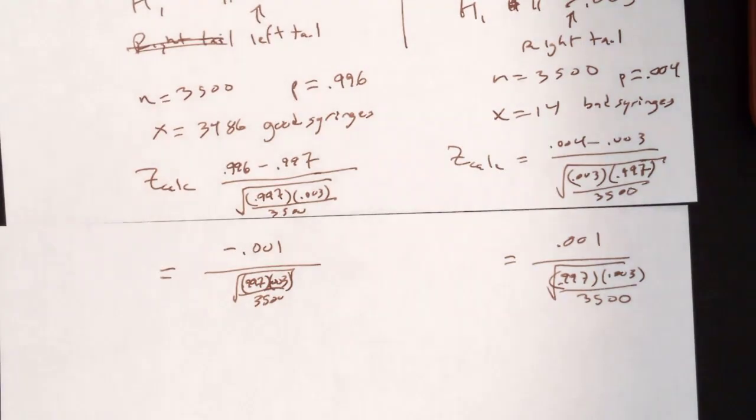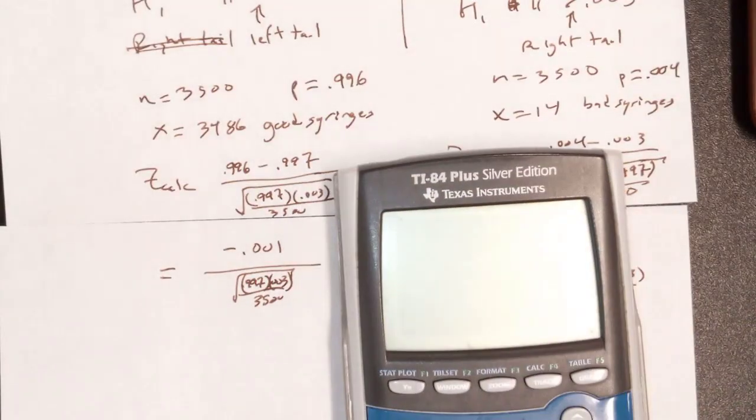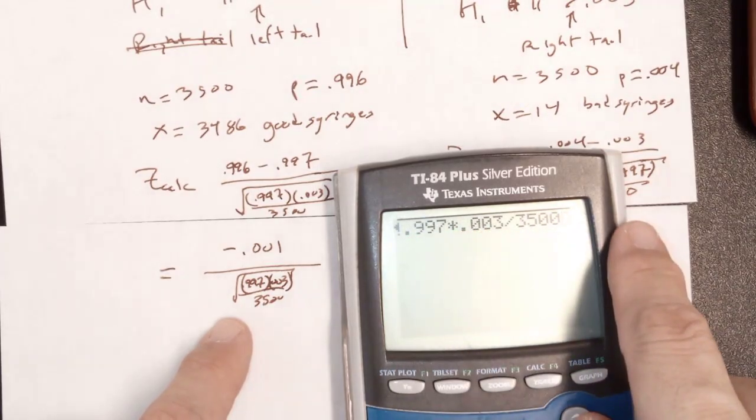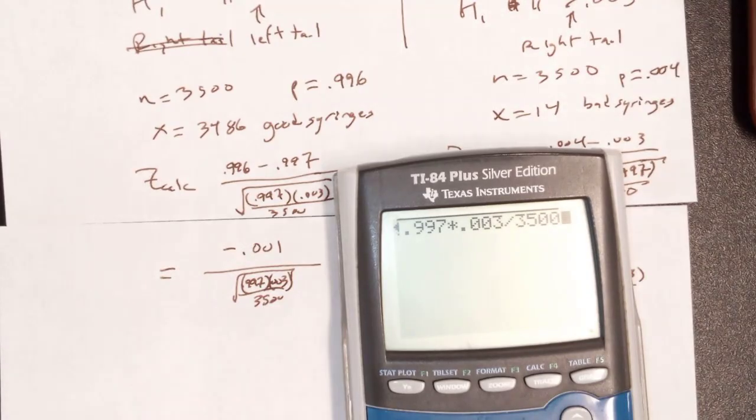Okay, the important thing to remember is the parentheses. So if I'm going to do this one, negative 0.001 divided by the square root of 0.997 times 0.003 divided by 3,500. Notice how that's all under the square root. And then I can exit the square root. If you do it in stages, sometimes you have to put parentheses around the whole thing in the square root. I got a much smaller number than you did.